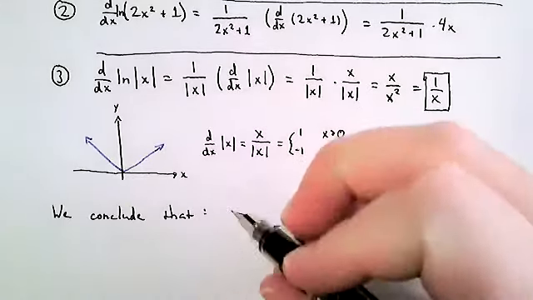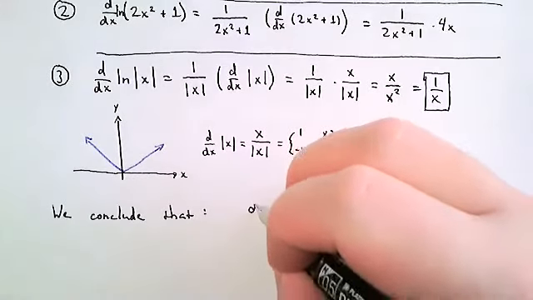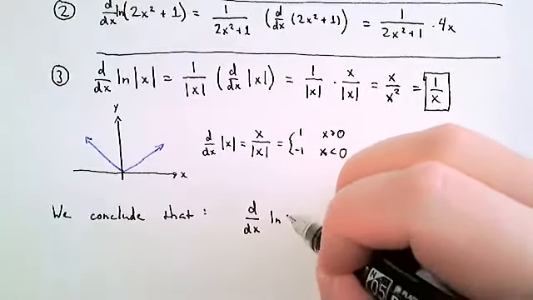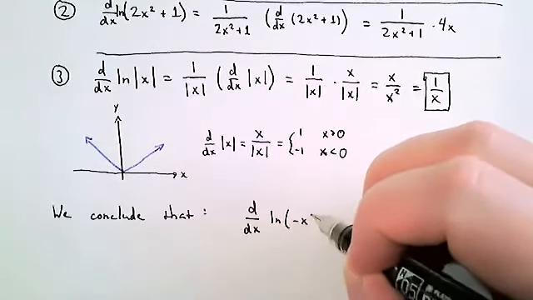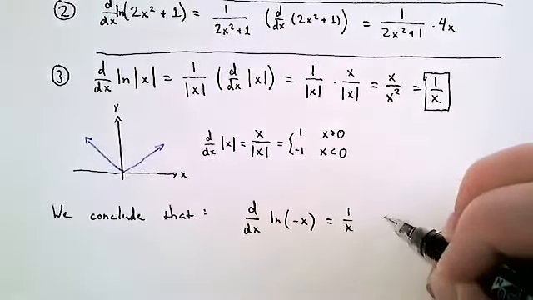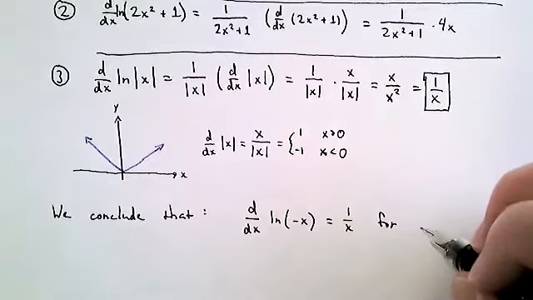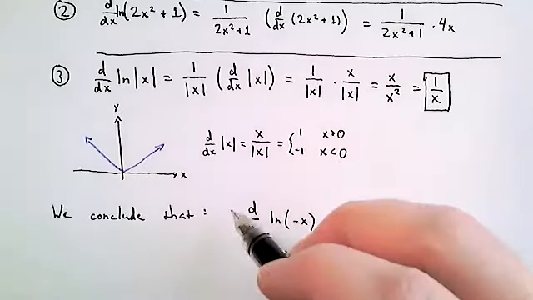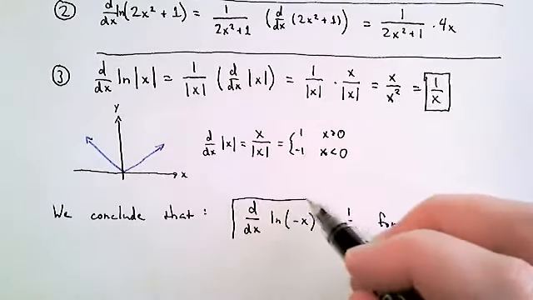What this means is that the derivative of the natural log of minus x is also 1 over x when we're plugging in negative numbers. So negative x, when x is negative, is the absolute value. That's the reason why.